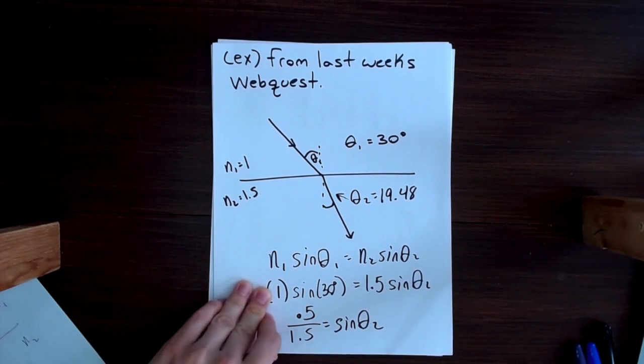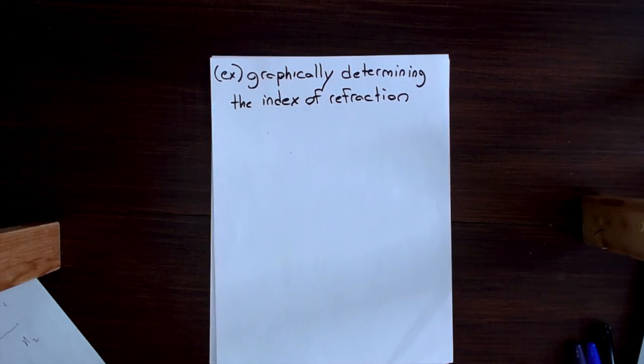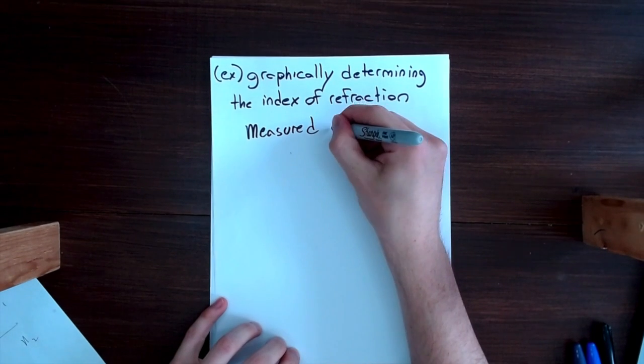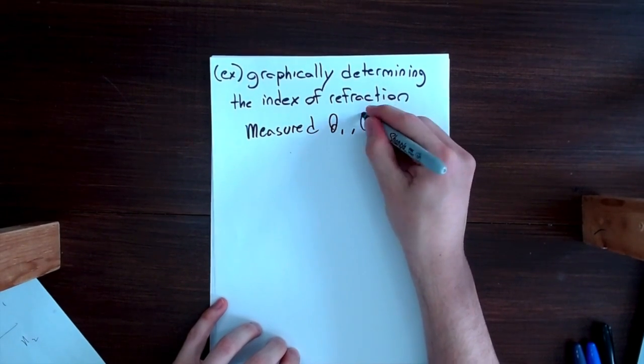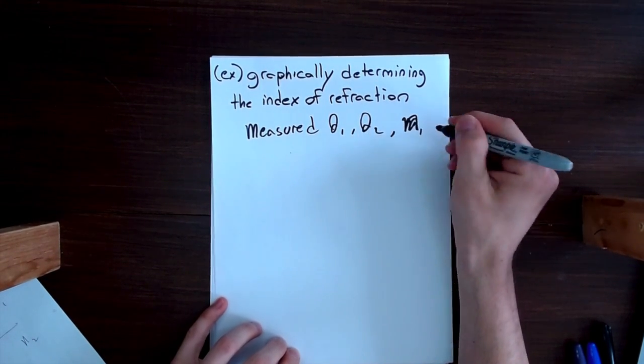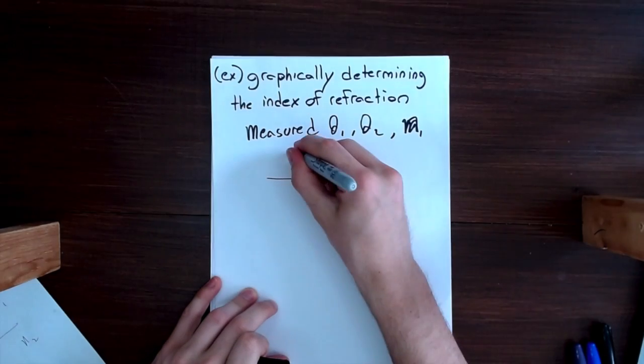We can look at another problem, or excuse me, it's going to be the same exact situation as last time, but we're going to graphically determine our index of refraction. So what does that mean? Well, let's say that we measured theta 1 and theta 2, and let's say we knew what the n1 was, the index of refraction of the incident medium.